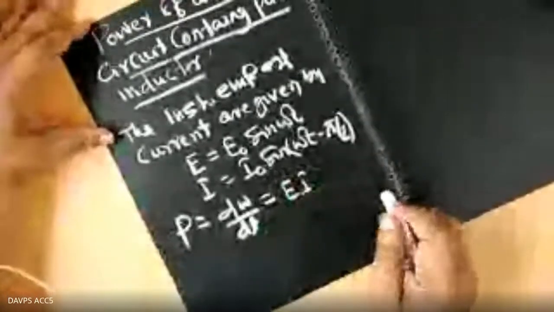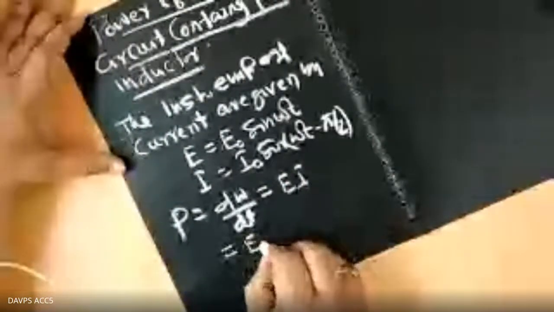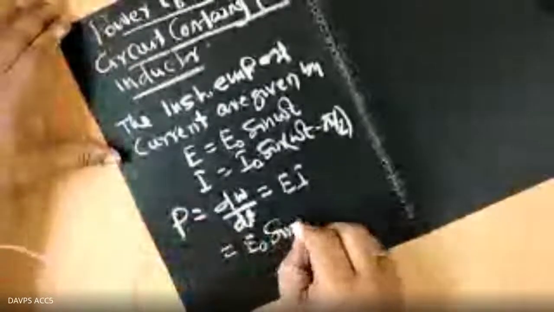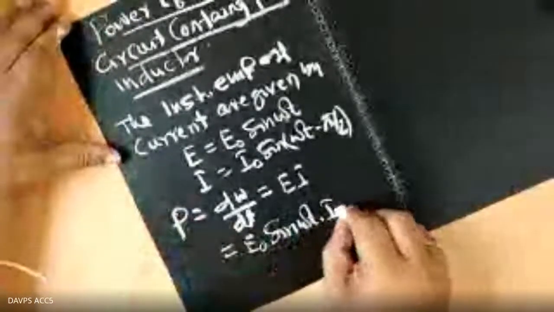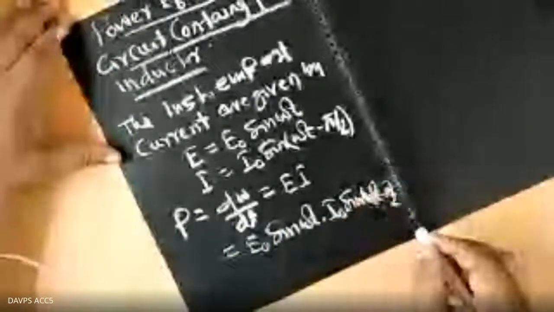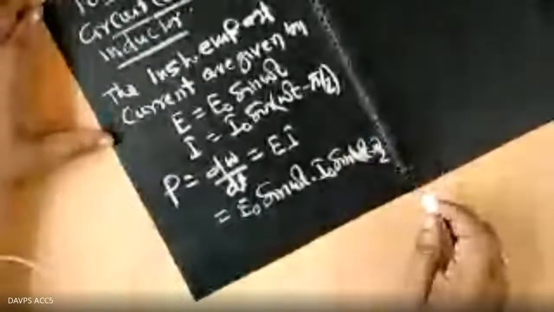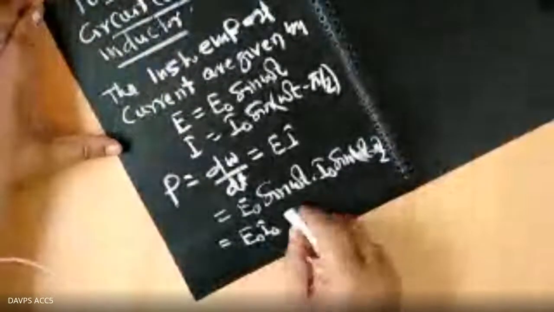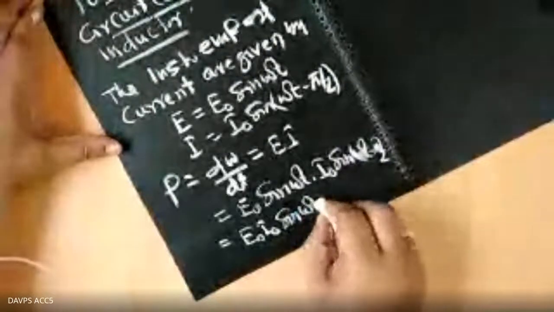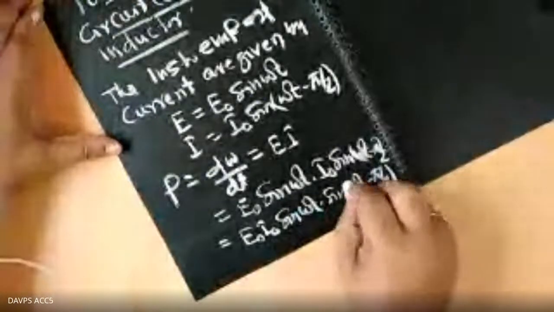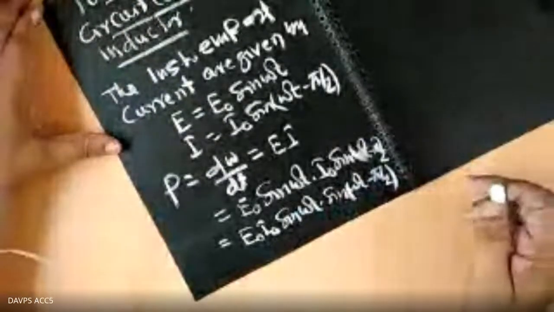And if you multiply it, you are finding E naught sine omega t into I naught sine omega t minus pi by 2, and this is equal to E naught I naught sine omega t into sine omega t minus pi by 2. And that part you are understanding?